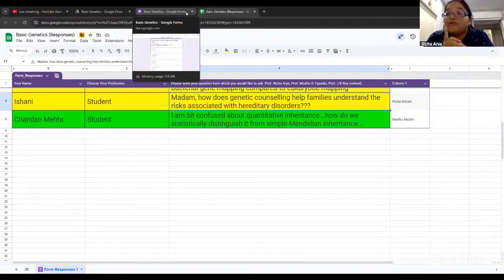If you identify that, then you can sensitize the family to the chances of having that disease if they are planning a baby.